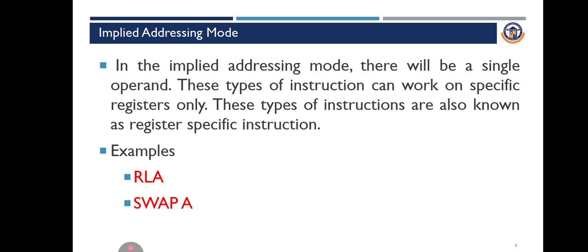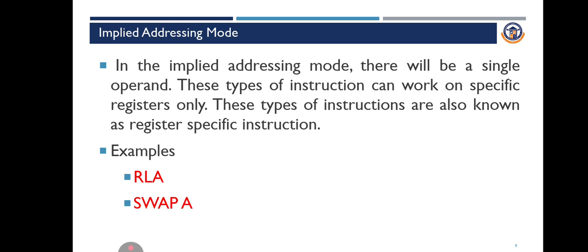Coming over to the implied addressing mode, there will be a single operand. This type of instruction can work on specific registers only, and this is also called register specific instruction. If you take RLA, that means rotate left accumulator.